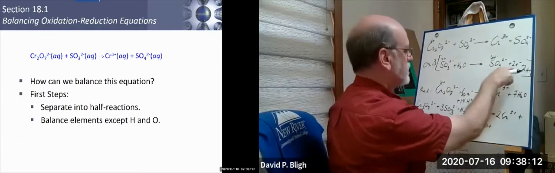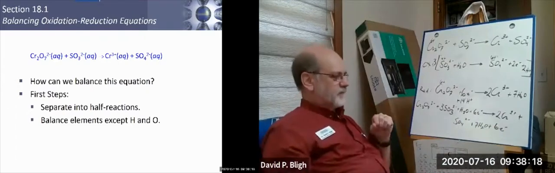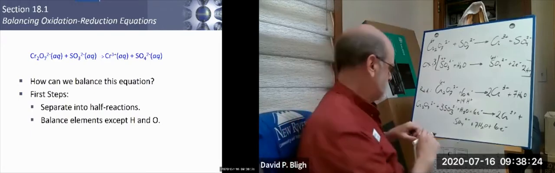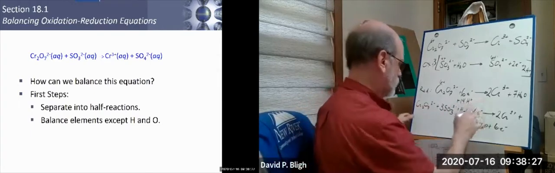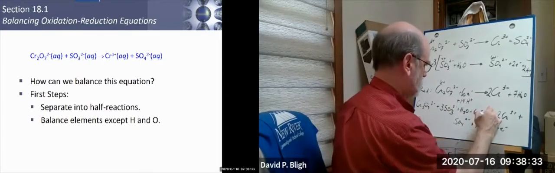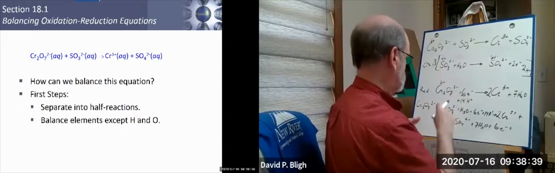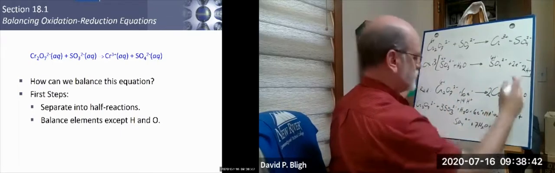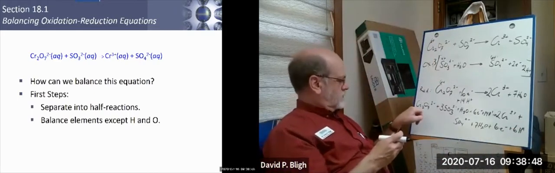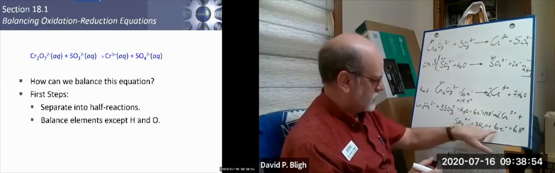And 6 electrons. Okay. Hydrogens. I left out hydrogens. 14 hydrogens. And 6 hydrogens. There, now we've got everything. That one, water, electrons, hydrogens. That one, water, electrons, hydrogens.